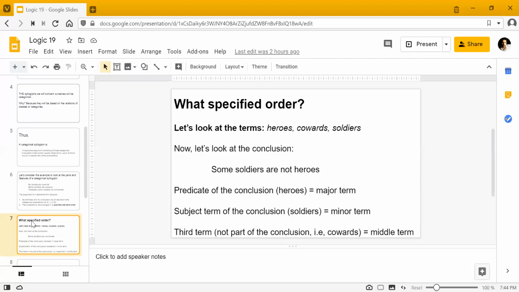As a rule of thumb, remember, this is very important: the predicate term of the conclusion in a categorical syllogism is always the major term, whereas the subject term of the conclusion is the minor term. So in this case the major term would be heroes and the minor term would be soldiers.